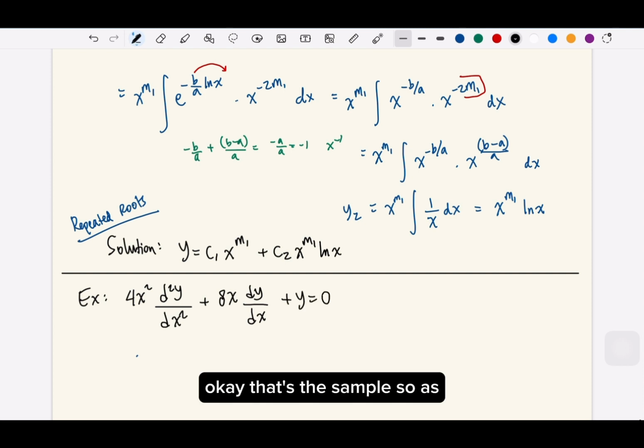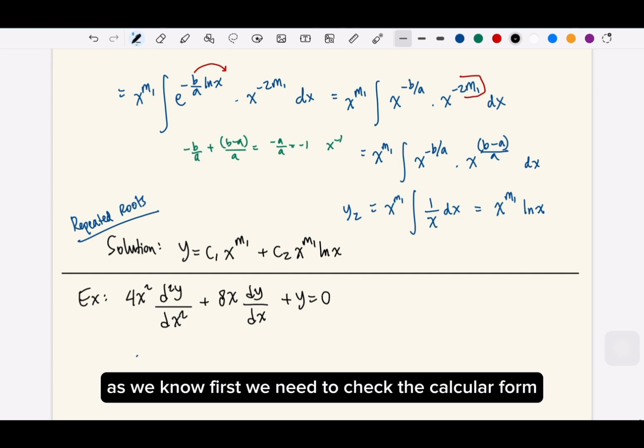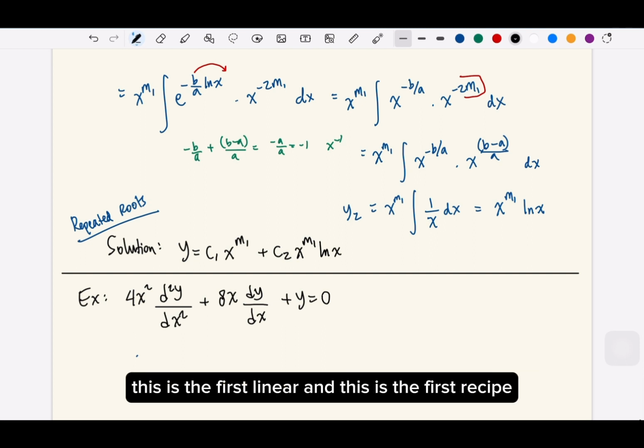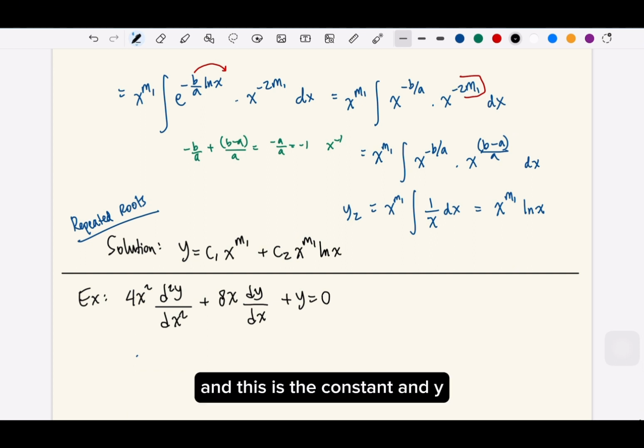Okay, that's the example. As we know, first we need to check the Cauchy-Euler form. It has x squared, so this is second order, this is the first derivative with x, and this is the constant times y.